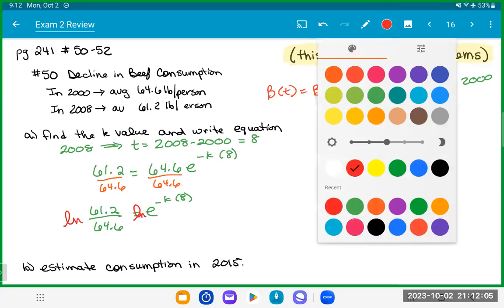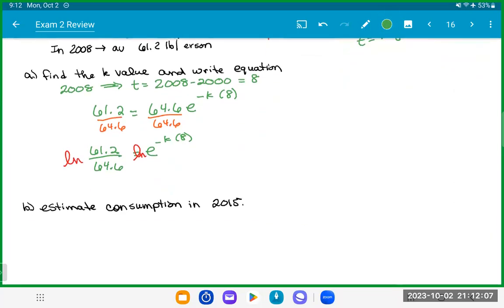Okay, when I take ln of both sides, I end up with ln of 61.2 over 64.6 is equal to negative 8k.